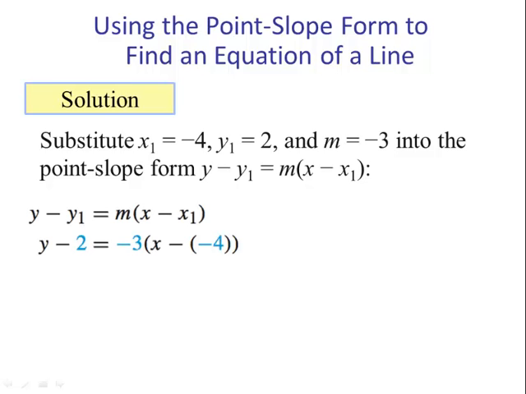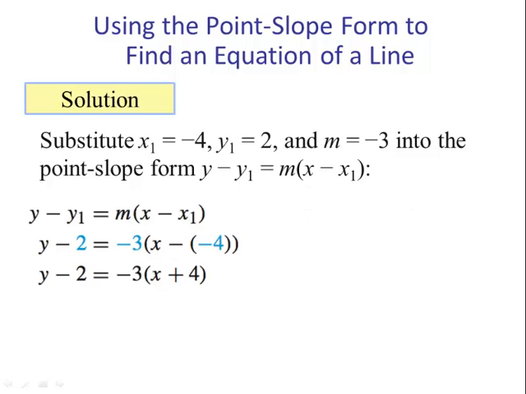So we have y minus 2 equals negative 3 times the quantity x minus negative 4. That gives us y minus 2 equals negative 3 times the quantity x plus 4. So we are finished with the point-slope form.